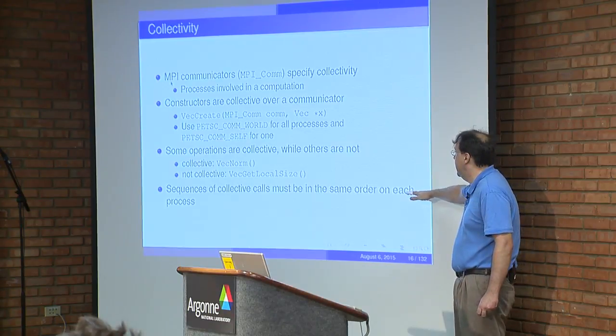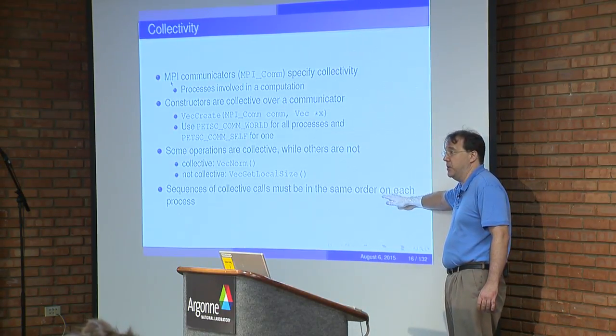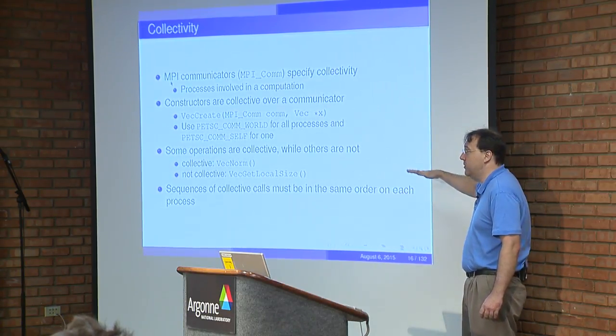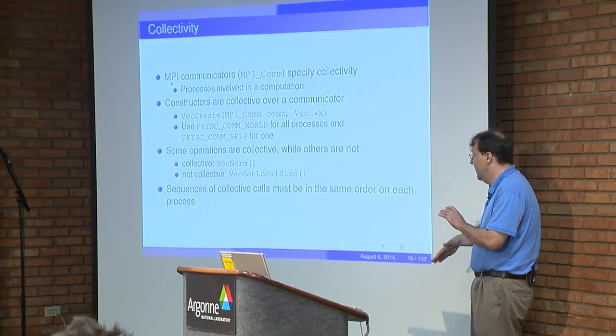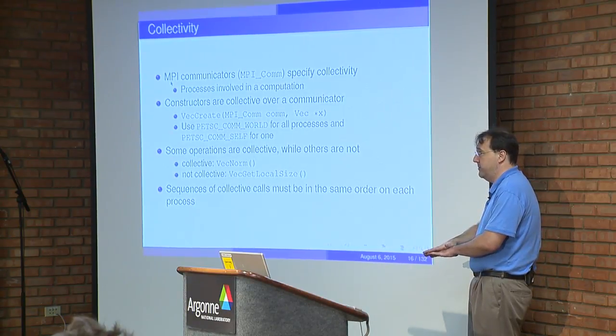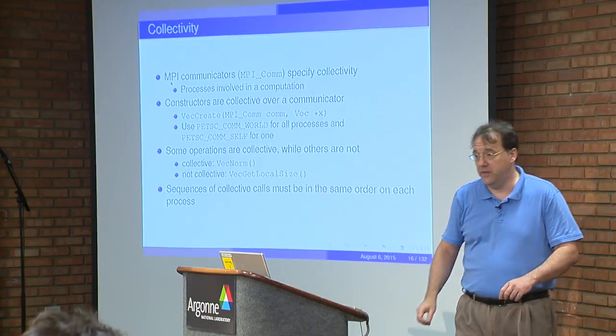And of course, collective calls must be run in the same order on all the nodes that share the object. You can't have half the nodes call VecNorm while the other half call VecDot, and then flip it, because the VecNorm ones are going to be waiting for all of them to call VecNorm, and the VecDot ones are going to be waiting for them all to call VecDot.